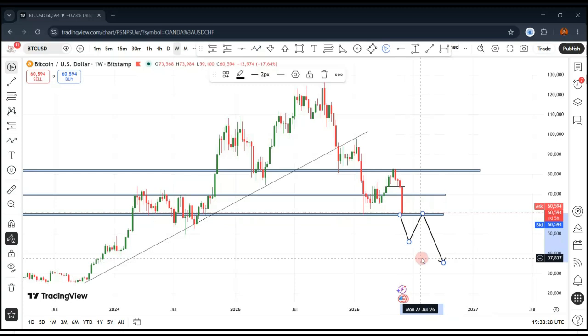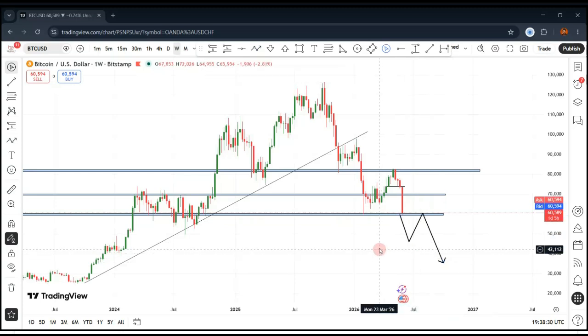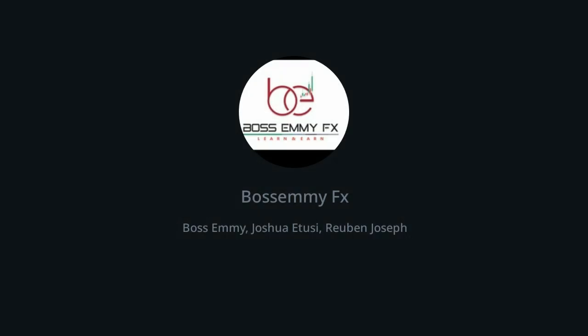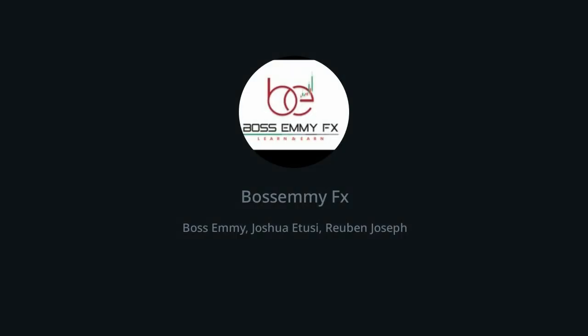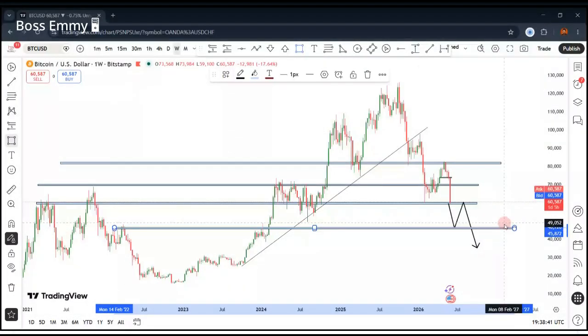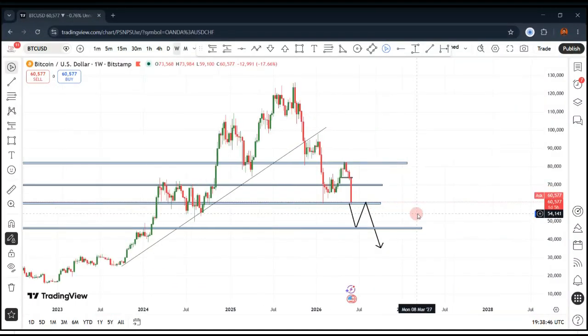At that point, for Bitcoin on that position, we might probably come back to $45,000. So if that holds, Bitcoin will be coming back to $45,000.